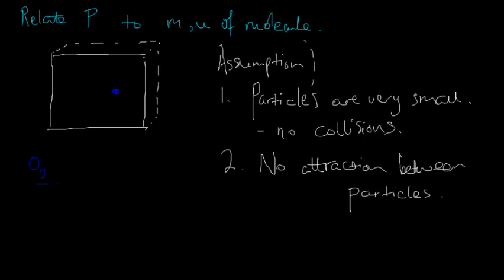Now, while we are on this assumption, let me write down a name. If I make this assumption of a gas, then a gas which satisfies these assumptions is called an ideal gas.